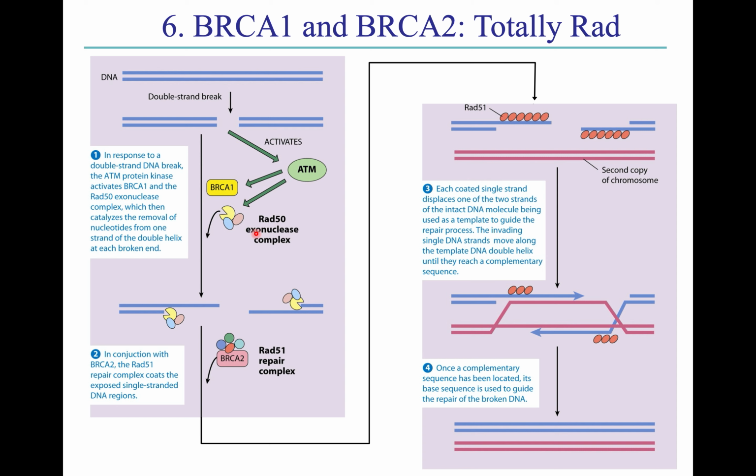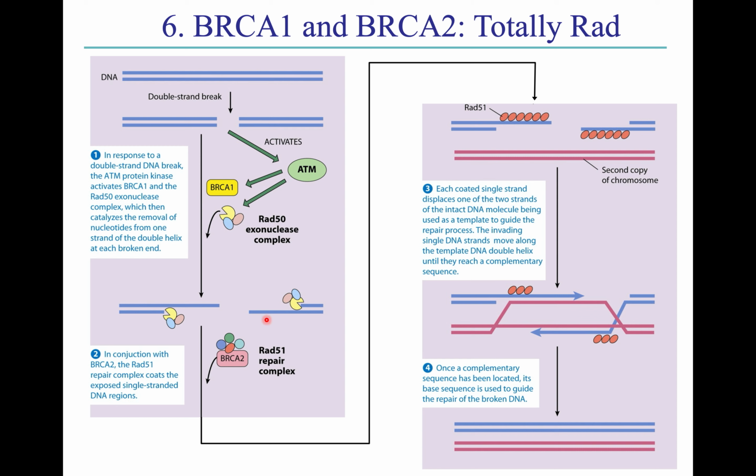So the RAD50 complex that BRCA1 is a part of is called an exonuclease complex, and you may remember BRCA1 and BRCA2 are involved with repairing double-strand breaks. So what this RAD50 complex with BRCA1 will do is chew back individual strands of DNA right around the break. So we're going to get these single-strand overhangs. Okay?